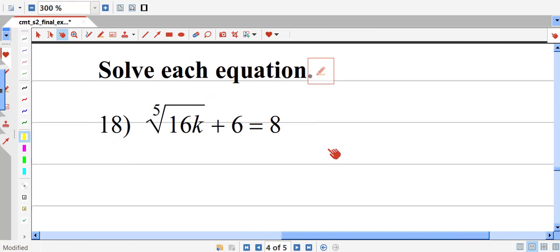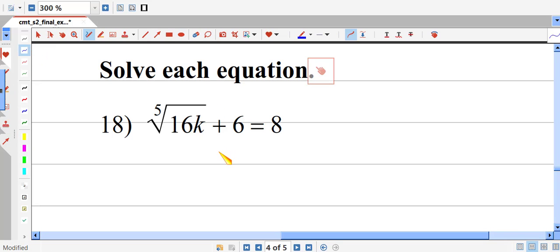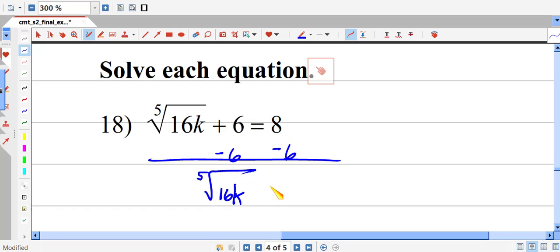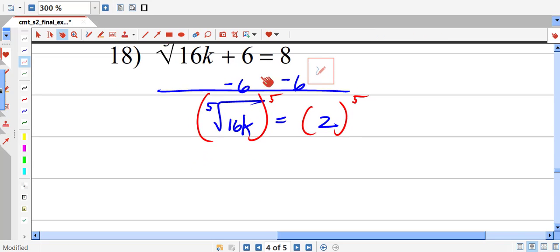Okay, number 18, solve the equation. Once again, it's a radical equation. I need to get a number all by itself on the right side. So now I'm going to do the reverse operation of taking the fifth root, and that is raising both sides to the fifth power, because that's going to cause the radical to disappear.